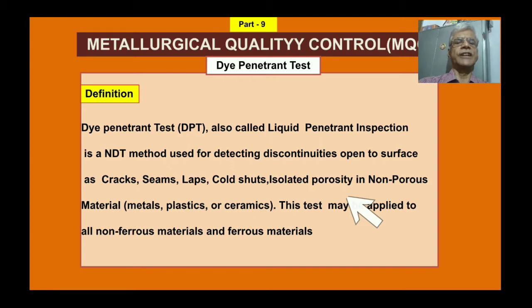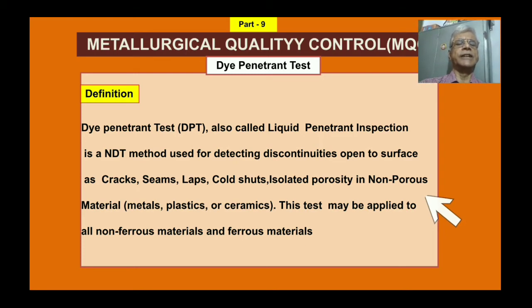So first of all, define what is dye penetrant. As it says, dye penetrant test, also called liquid penetrant inspection, is an NDT method used for detecting discontinuities open to the surface such as cracks, seams, laps, cold shuts, isolated porosity in non-porous material like metals, plastic or ceramics. This test may be applied to all non-ferrous material and ferrous material.